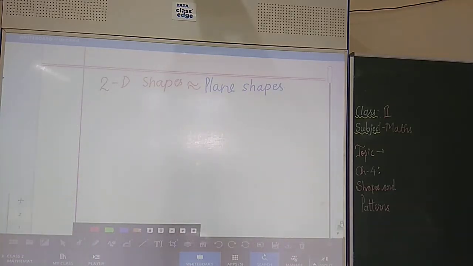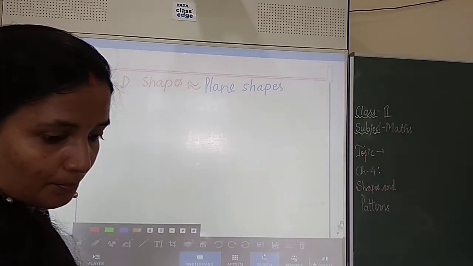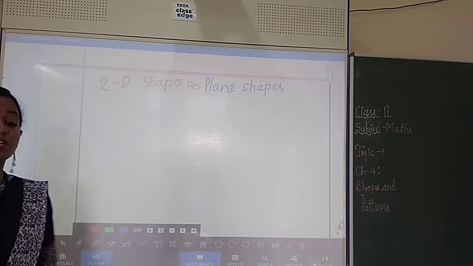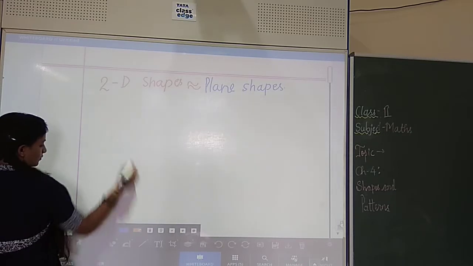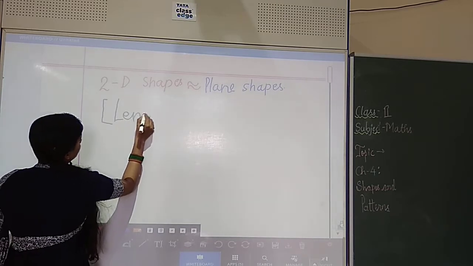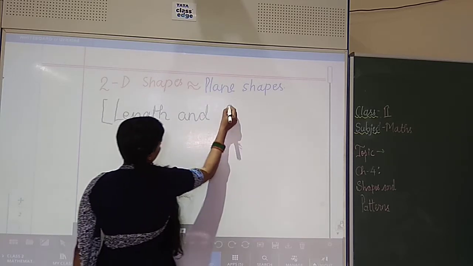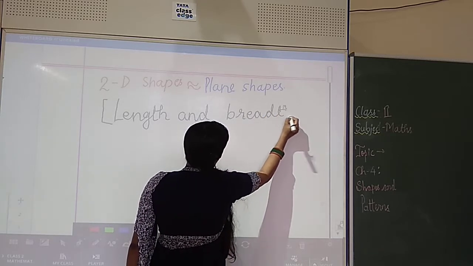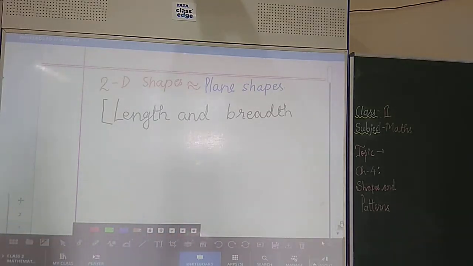Now, 2D shapes, or two-dimensional shapes, or plane shapes, we use only breadth and length. So, which two dimensions are we going to use? Length and breadth. These two dimensions we will use here.